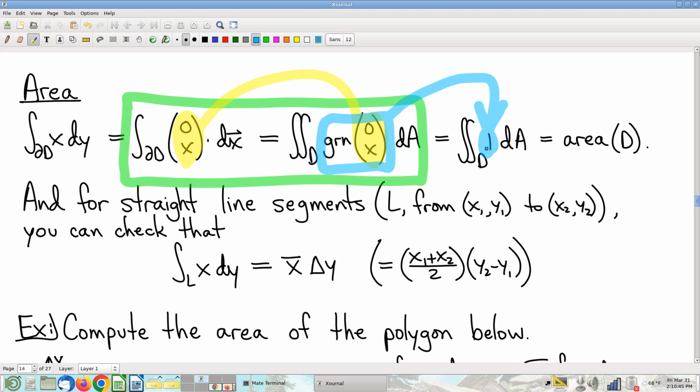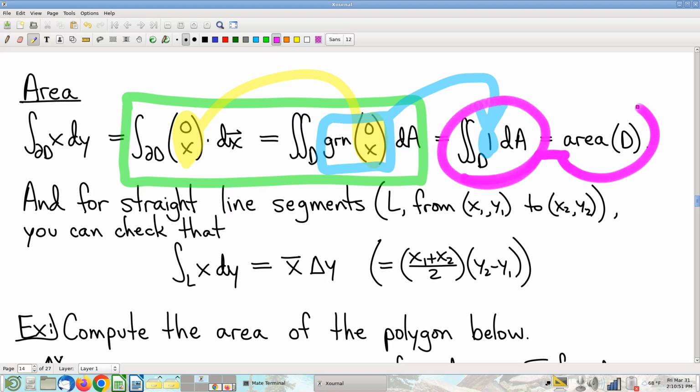The reason it's nice for Green's operator to be 1 is because then check out my integral. Now I've got an integral of 1, and of course that just gives me area. So just because we're applying Green's theorem to this special vector field, and it's not unique, but it is particularly convenient for this purpose, Green's operator is 1, which means Green's theorem is going to compute area for me.